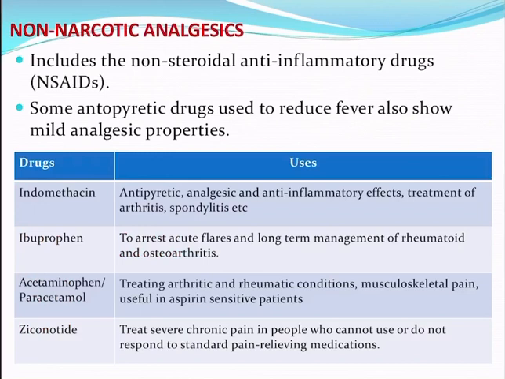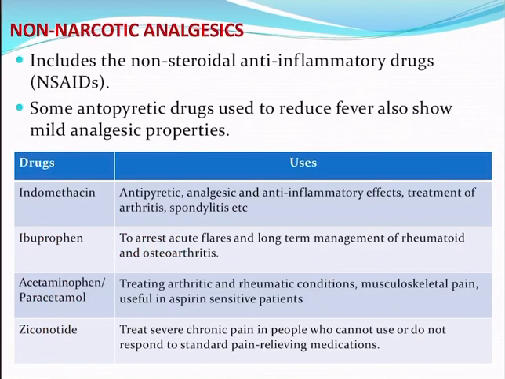Now let us move on to non-narcotic analgesics. Non-narcotic or non-opioid analgesics encompass the non-steroidal anti-inflammatory drugs, what we call NSAIDs. Certain antipyretic agents used to reduce fever also show mild analgesic properties.